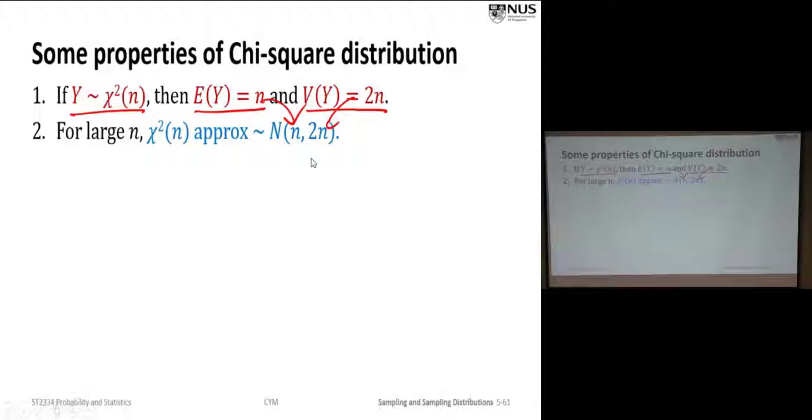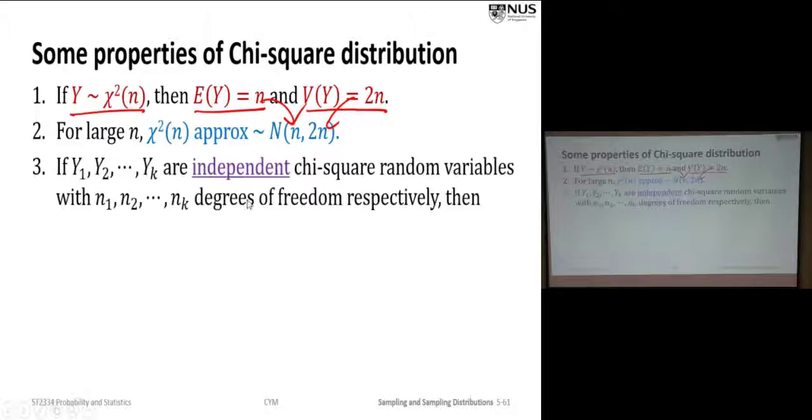This is not the central limit theorem, but we can show that chi-square with a large degrees of freedom will be approximated by a normal distribution. Now this is a very interesting result.